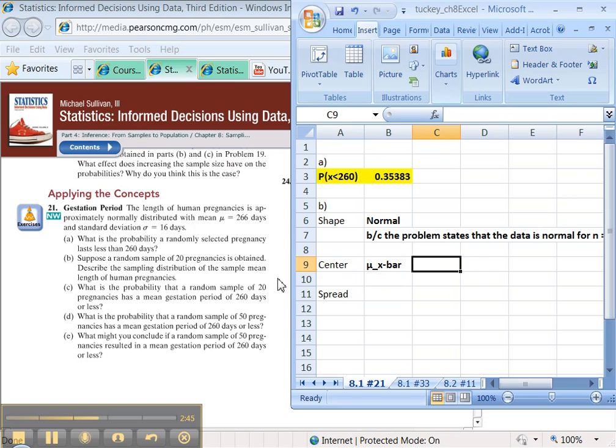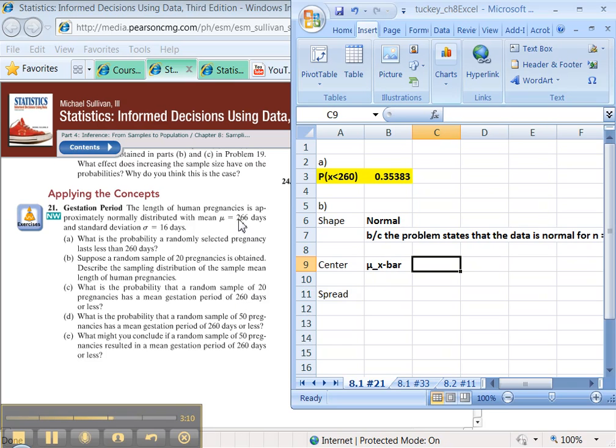What does that mean? Okay, if you take a group of 20 random pregnancies, they're going to have a sample mean, right? X bar, how long they last on average. Then you go to your next group of 20 pregnancies and they have an X bar, and your next group of 20 pregnancies and they have an X bar, and so on. And then what you do is you add up the X bars from all the different groups of 20 pregnancies and divide by how many there were, and you have the mean of those.